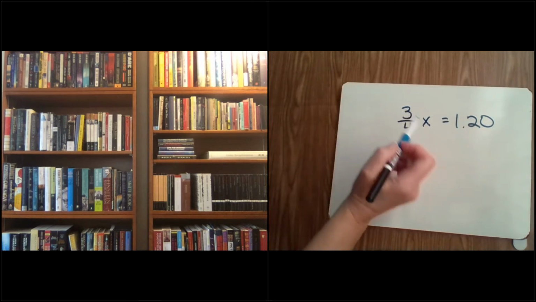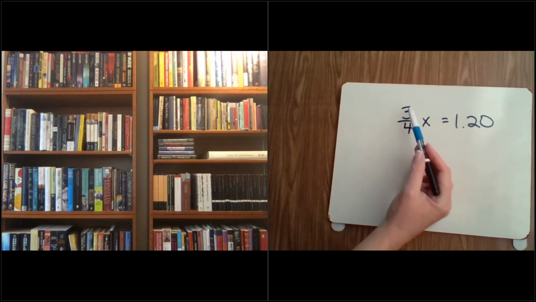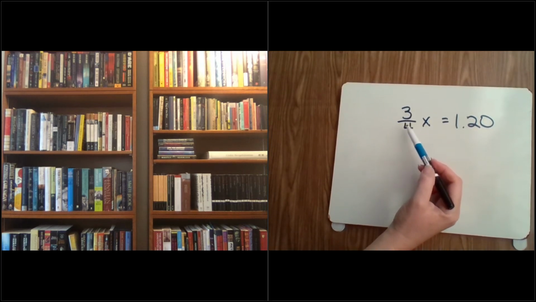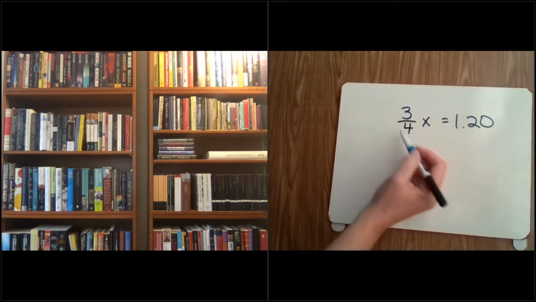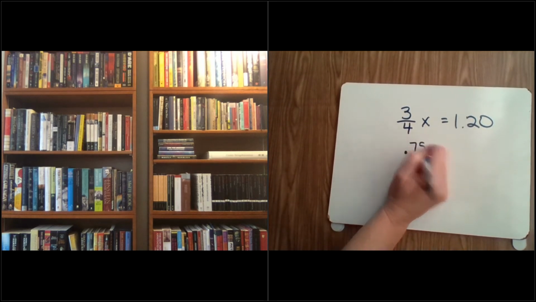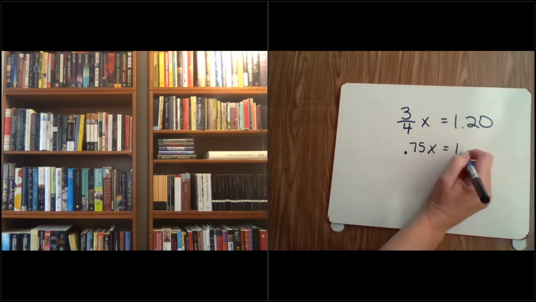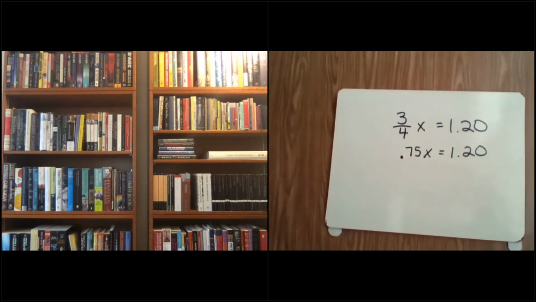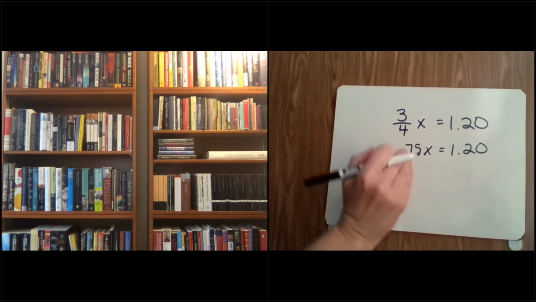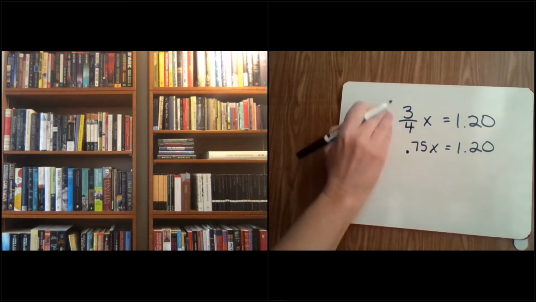Personally, I think for this problem, although we could do it either way, it's much easier to turn 3/4 into a decimal. And so 3/4 is the same thing as 0.75. X equals 1.20.